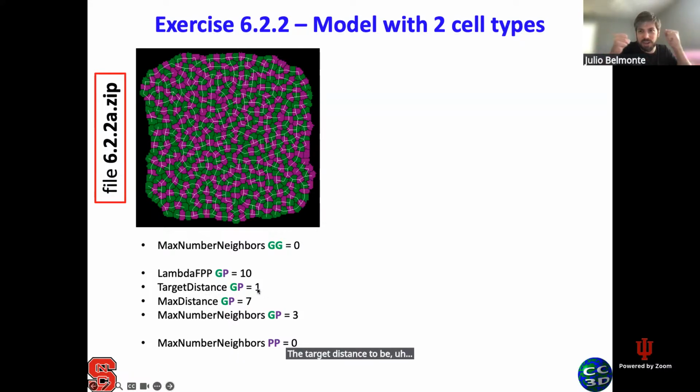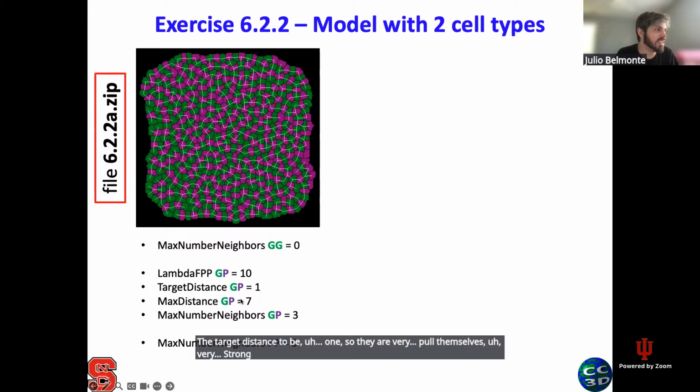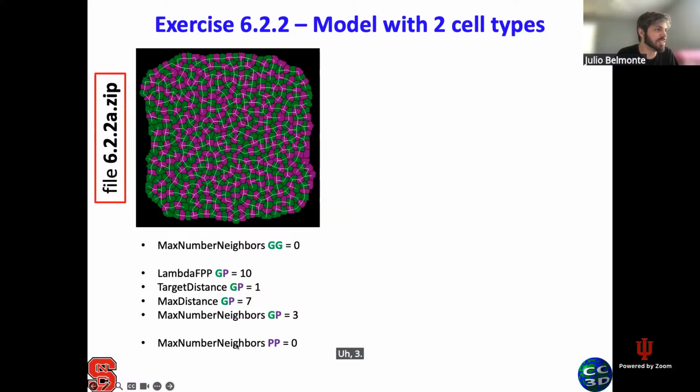So they pull themselves very strongly. And I kept the maximum number of neighbors to be 3. So when I use this set of parameters, I get a cell mixing that looks like this.